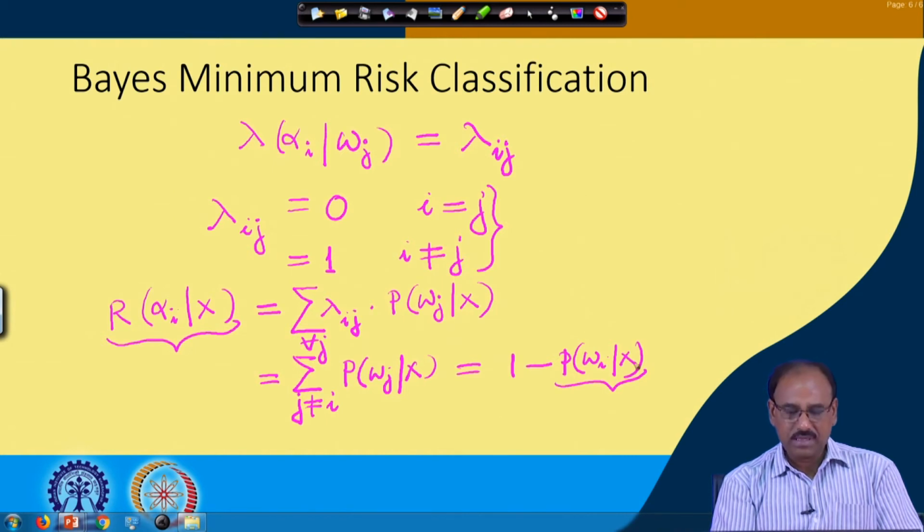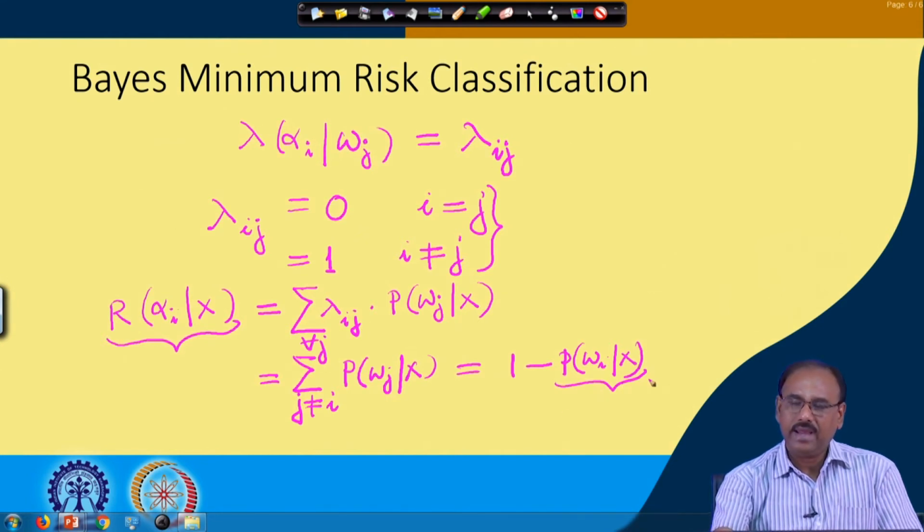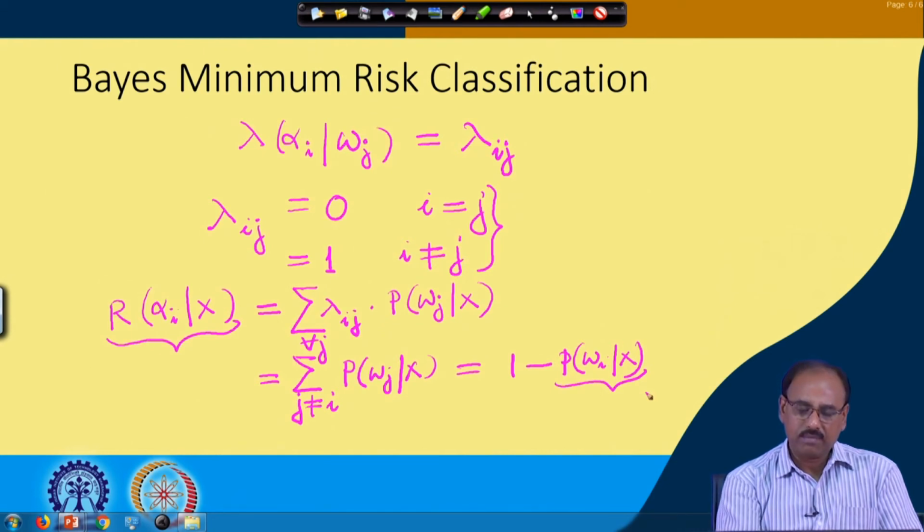Obviously, you can check that R of alpha i given x will be minimum when p of omega i given x is maximum, because R of alpha i given x is nothing but 1 minus p of omega i given x. So, wherever R of alpha i given x is minimum, p of omega i given x is maximum.